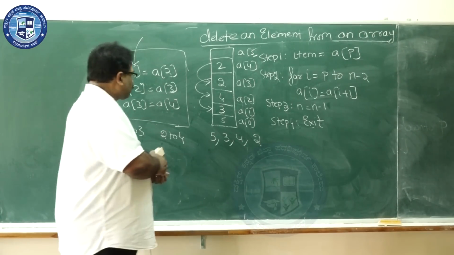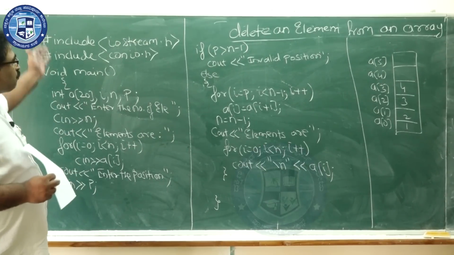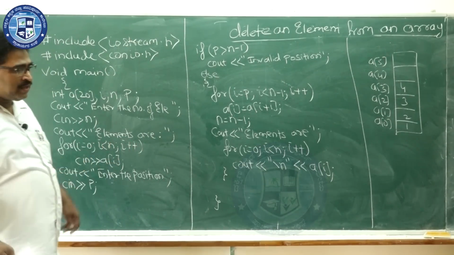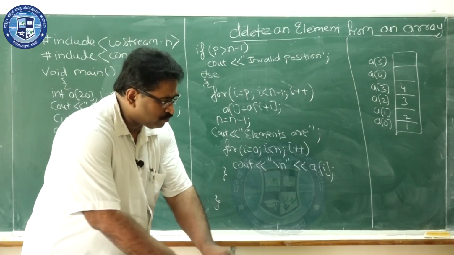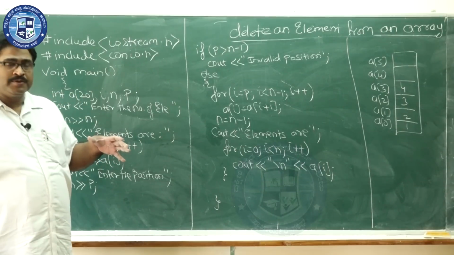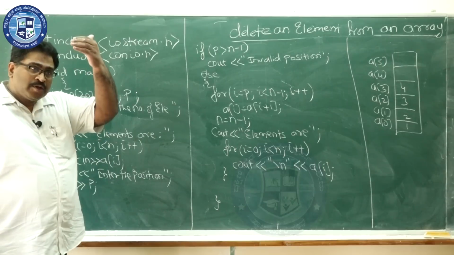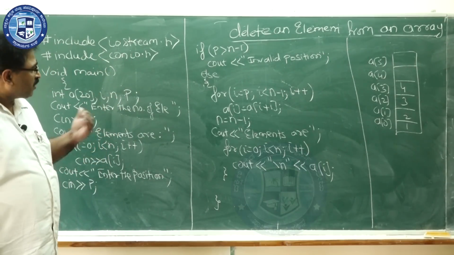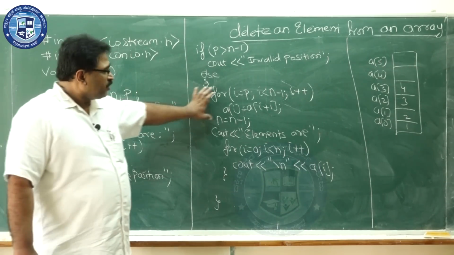Now we'll go for the program. Now this is a program to delete an element. Already we have seen the algorithm, we have seen the problem. Now very important was the problem we solved manually. From there we actually got this statement.